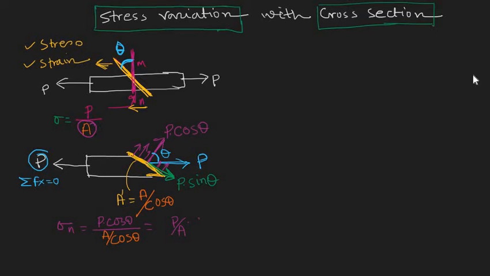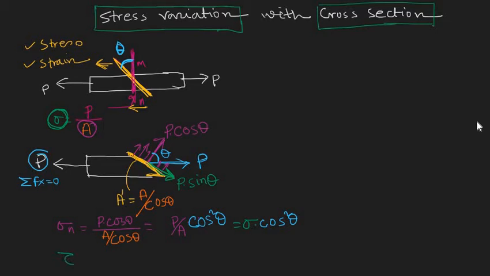You know that P by A is nothing but the original normal stress, that is sigma. So we can rewrite this as sigma times cos square theta. Any issues?